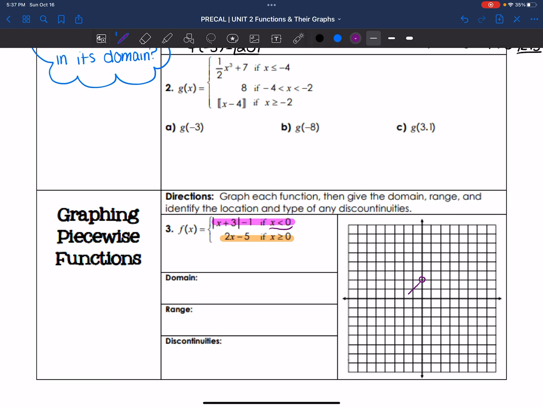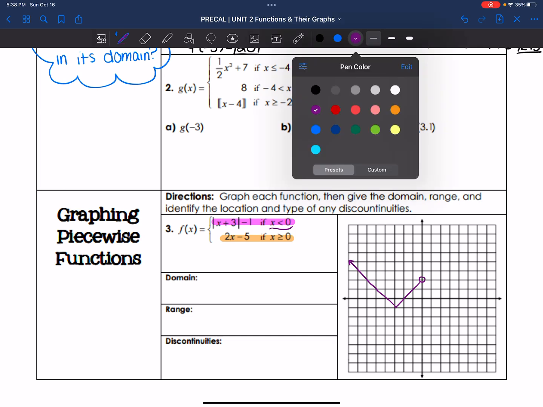Then it went down to right there. When x was -3, y was -1, and then it went back up at a slope just like so, and continued off in that direction.